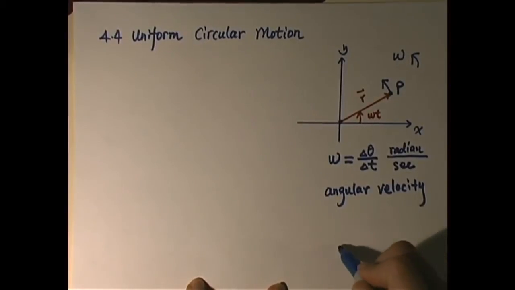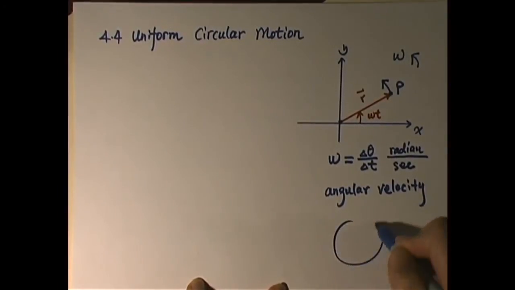Now let's think about this unit of radian. We have learned before that if we have a circle with radius R, the relationship between the radius, an angle theta, and the arc corresponding to this angle theta is L equals R times theta.